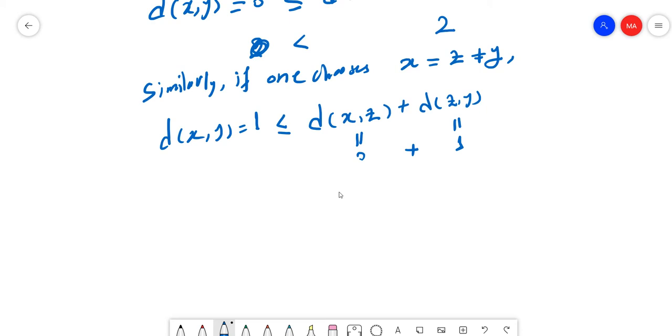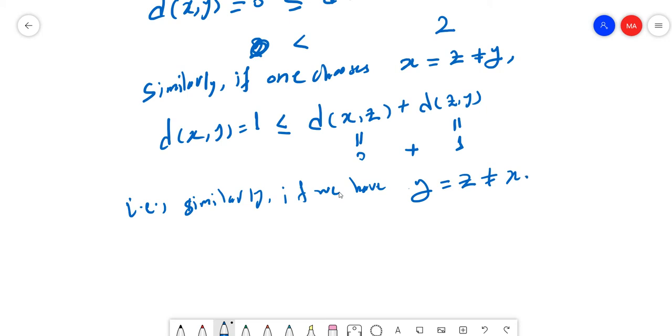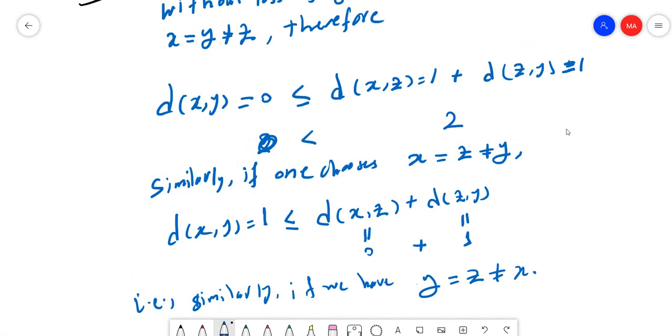The same case holds if one replaces x by y, i.e., if we have y equal to z not to x, we will get equality between the distances, and this finishes the proof.